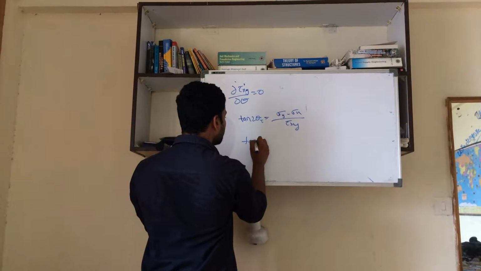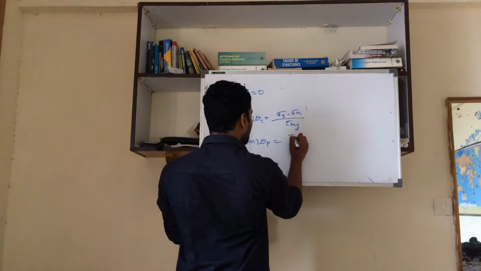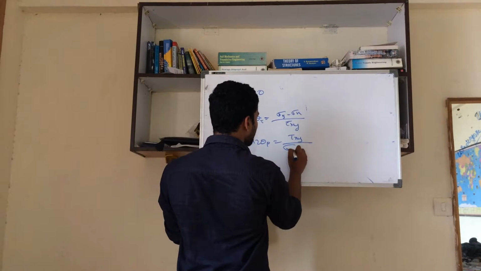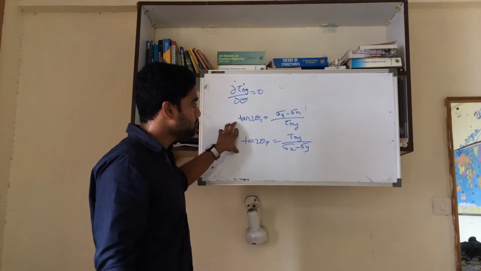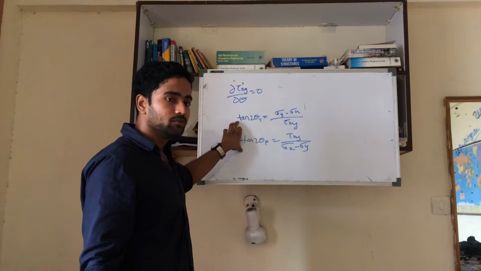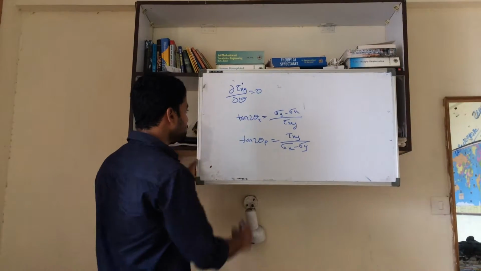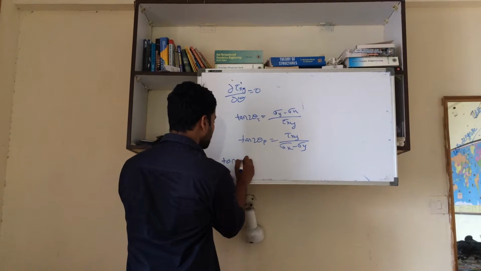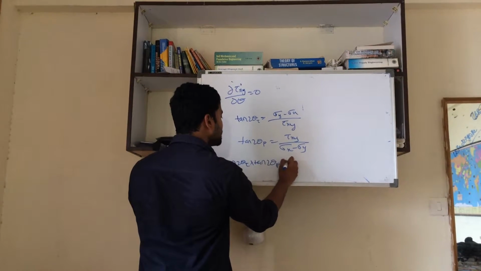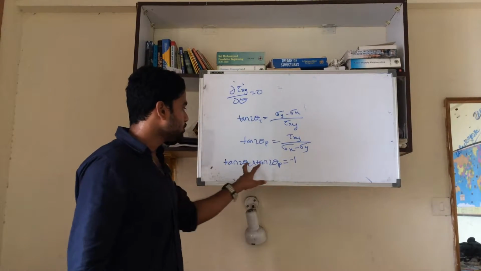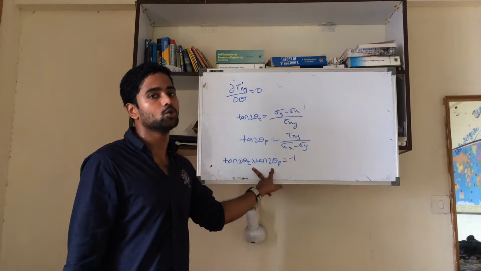Whereas tan 2 theta p is equal to tau xy by sigma x minus sigma y. If you multiply these two, tan 2 theta t multiplied with tan 2 theta p is equal to minus 1. This shows that these two planes are perpendicular to each other.